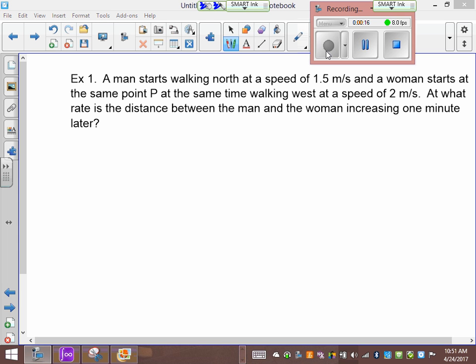So the best thing to do here would be to try and draw it out to see what it looks like. So we're going to do a point P, and we're going to be quiet. Now, a man starts walking north at 1.5 meters per second.